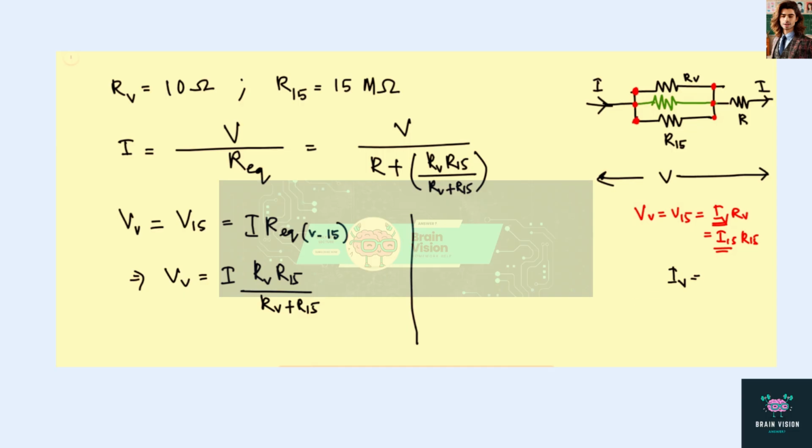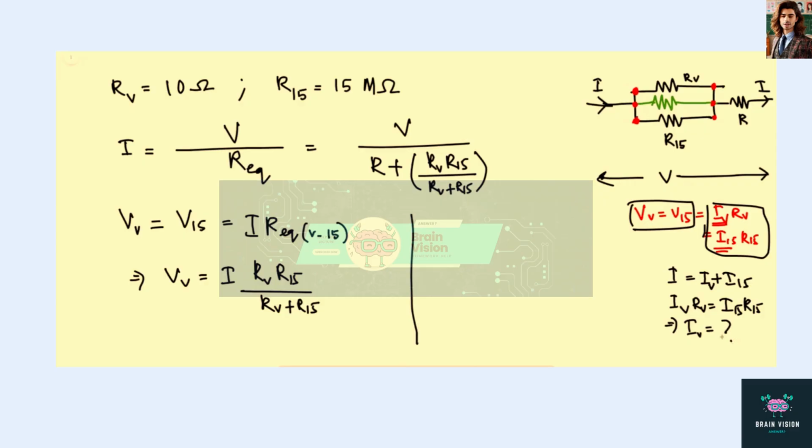So you have the total current to be I, so I is equal to IV plus I15, and then you have IV RV equal to I15 R15 by Ohm's law. I have used this relation and Ohm's law over here, and then solved these two equations to find IV and plug it back into this equation.